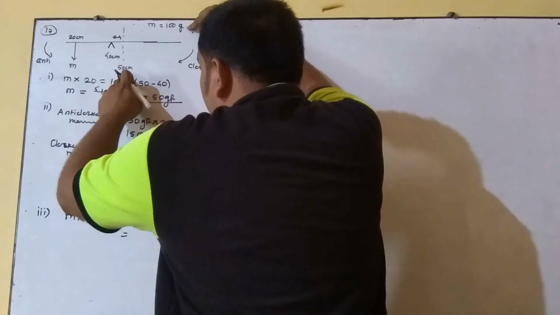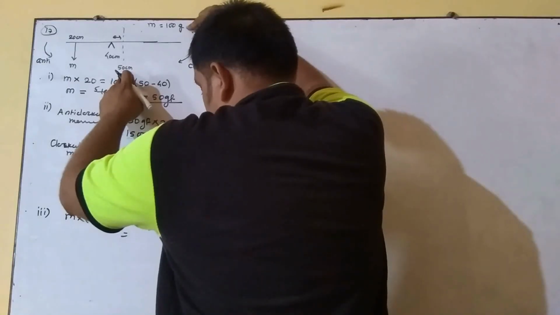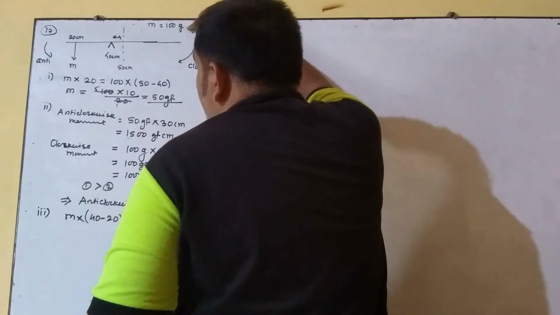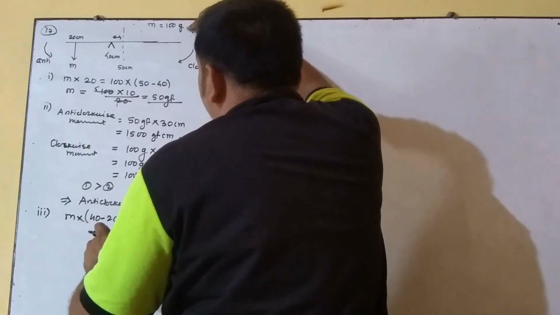So mass into 40 minus 20, that is right.